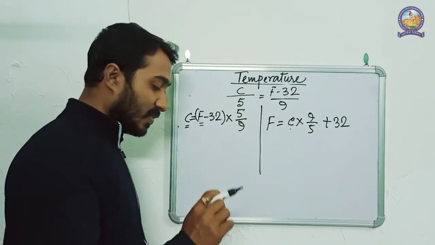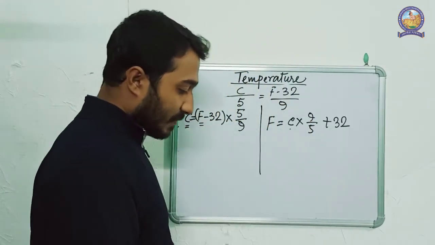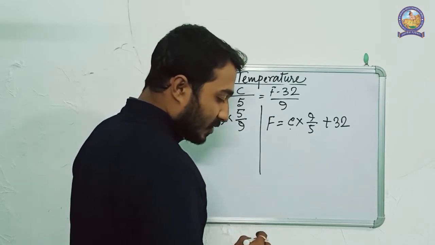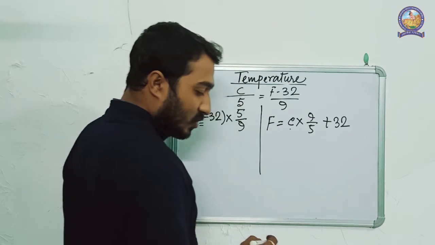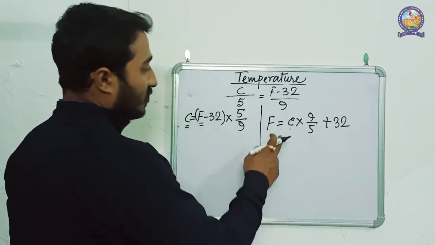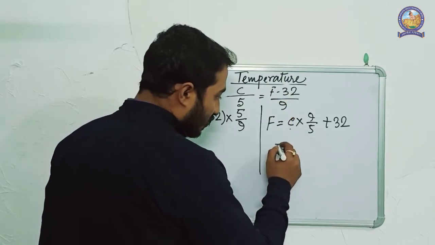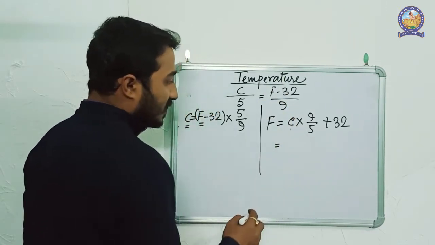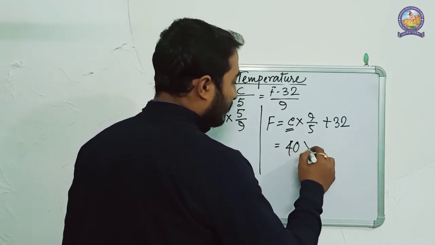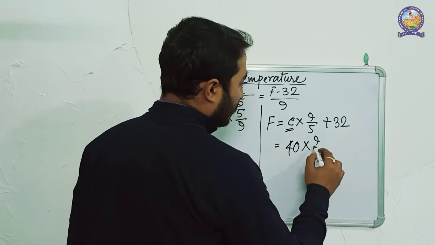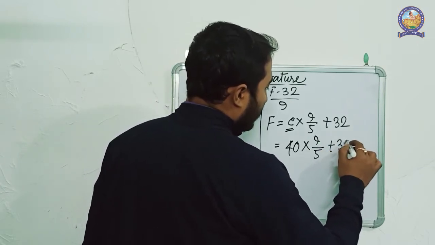Let's try some examples from your exercise. In your exercise, question number 3C, it is written, convert into Fahrenheit from Celsius. So this is Celsius to Fahrenheit, and we are going to use this formula. It is 40 degrees Celsius. In the place of C, we will write 40 multiplied by 9 by 5 plus 32.